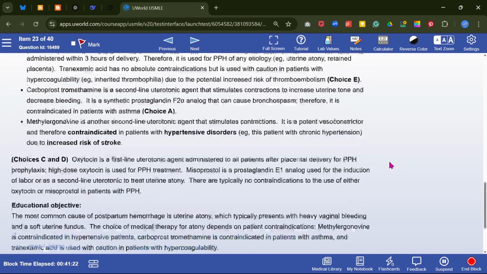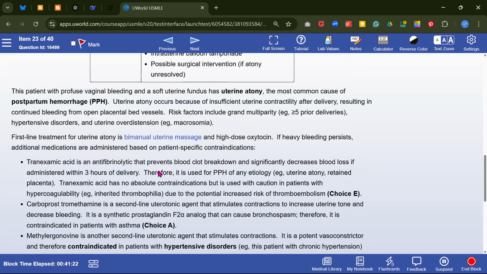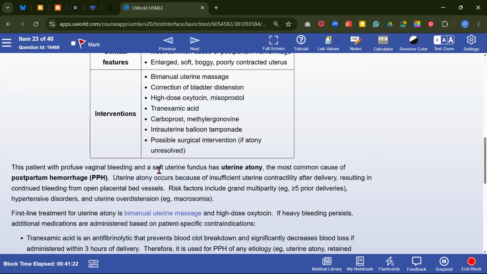Do you want me to read the other option? Okay. In asthma, hypertension, yes. There is no contraindication in misoprostol.